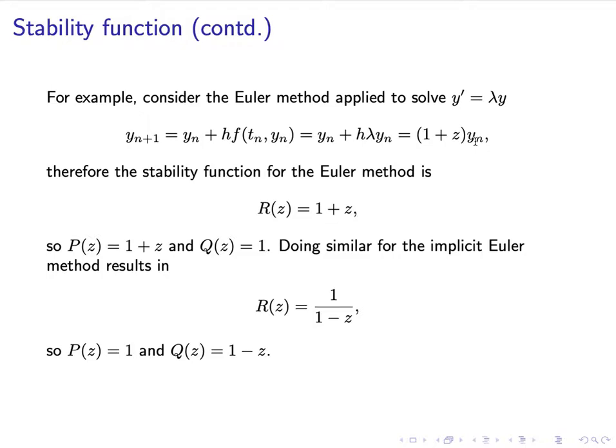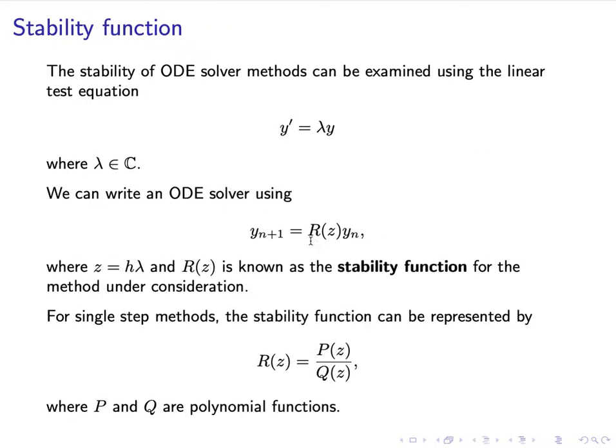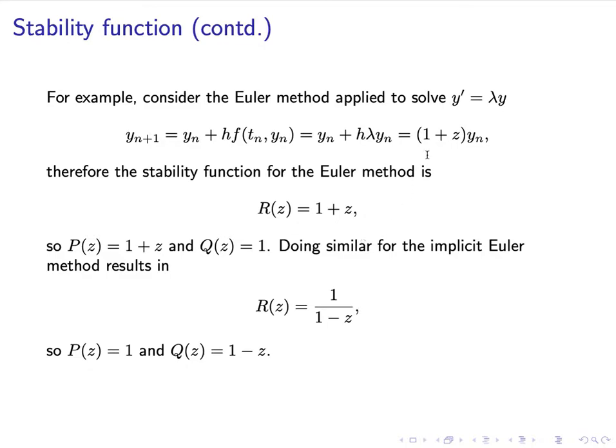Now if I go back a slide again, the definition of our stability function was some function of z multiplied by y_n. So here we have some function of z which is 1 plus z multiplied by y_n. So this is the stability function of our Euler method.